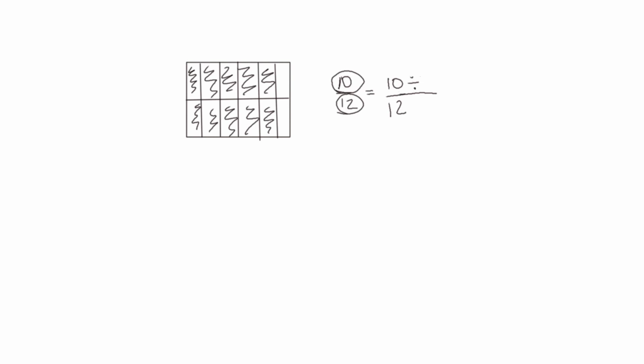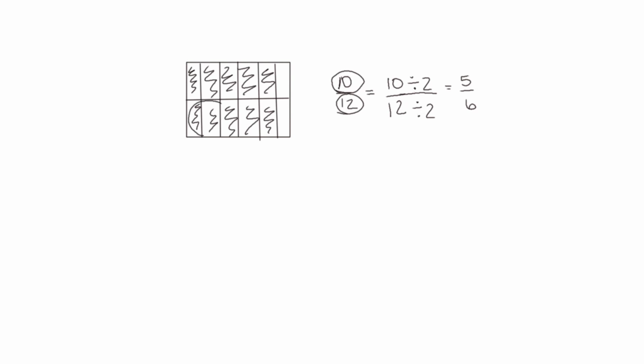So let's divide both the numerator and the denominator by 2. And 10 divided by 2 is 5, and 12 divided by 2 is 6. So what we're doing here is we're taking the total 12 units and we're grouping them into groups of 2.